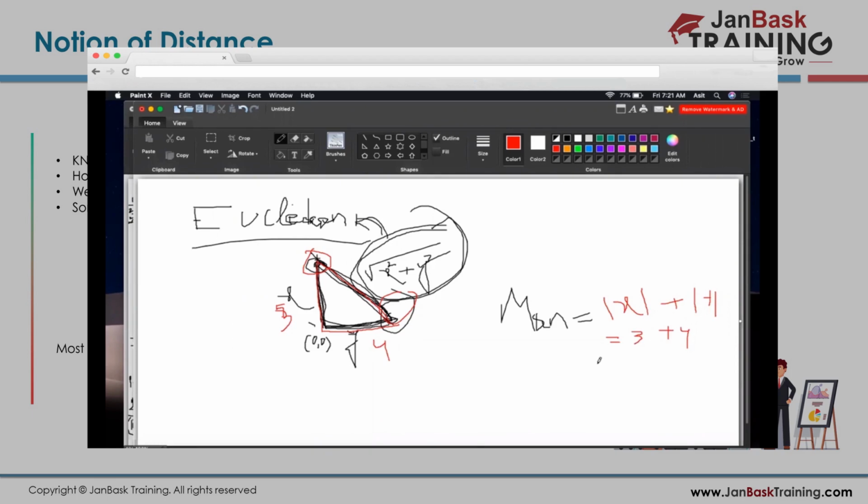So if you pass the Manhattan distance, it is simply adding both x and y, and it will calculate the distance between 2 points as 7. And if you go with Euclidean, it will calculate root over 9, the square of 3 equal to 9, plus 16. 9 plus 16 equal to 25, so root over 25, it will calculate, that is 5.